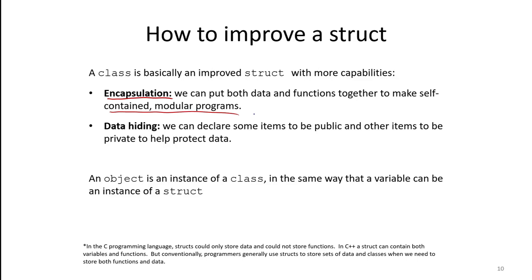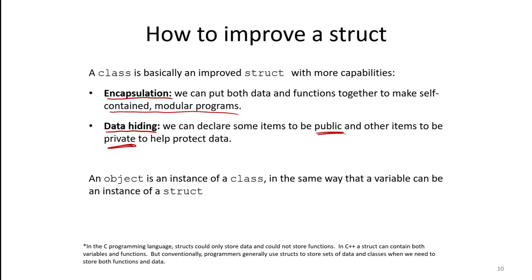Also, classes give us the ability to do data hiding. When we create our classes, we can declare some items as public, where they're available to everyone. And then we can also declare items to be private. And the private items can only be accessed by members of that class.